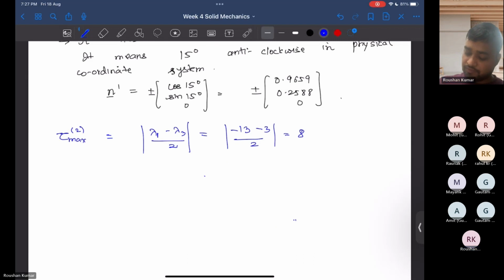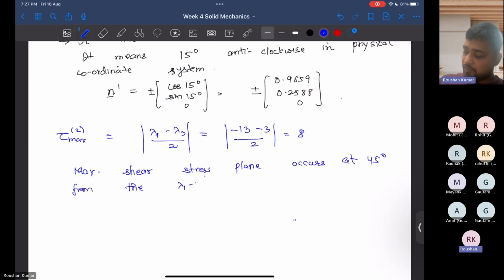So the maximum shear stress plane occurs at 45 degree from the lambda 1 and lambda 3 planes, or we say the two principal planes.